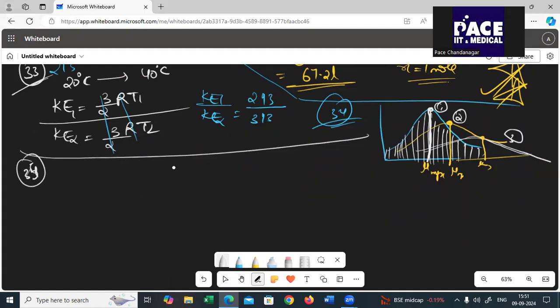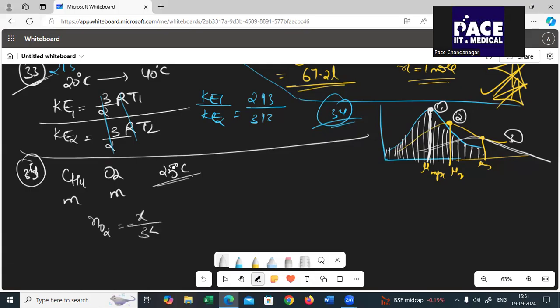Next, equal masses of methane and oxygen are mixed in an empty container. Methane and oxygen of equal mass, here M, mixed in a container at 25 degrees Celsius. The fraction of the total pressure exerted by oxygen is nothing but the mole fraction of oxygen. So the number of moles of oxygen is M by 32.